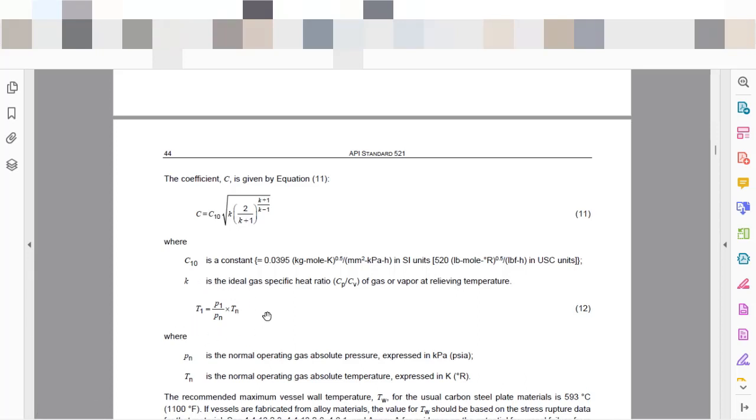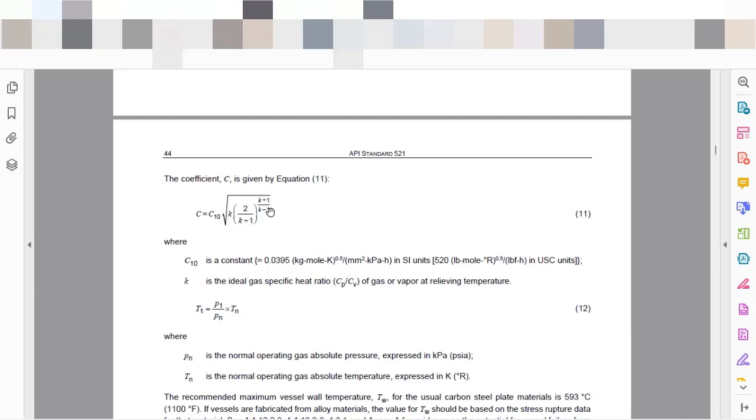So if I have a liquid at my normal operating conditions, I am not able to just get the normal operating conditions of a liquid and add this to this equation, because this equation is for ideal gases. So I need to find a way to convert or estimate my temperature release before I am able to apply this equation. And we'll see with the example how to do that.